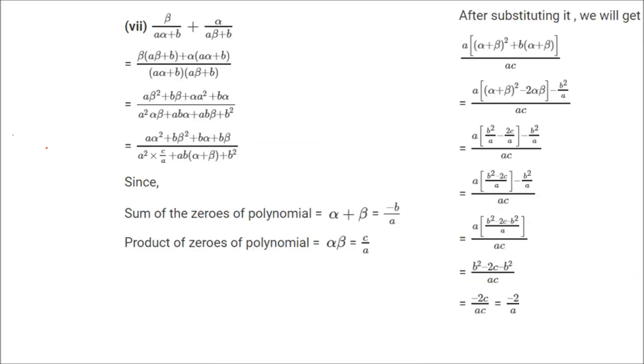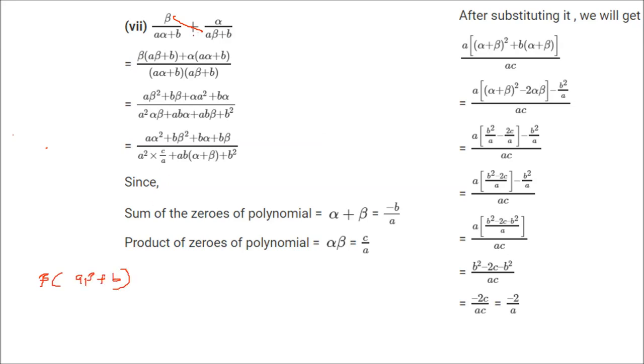Now the next one is beta by a alpha plus b plus alpha by a beta plus b. So let us do it now. First multiply these two. So you get beta, a beta plus b.